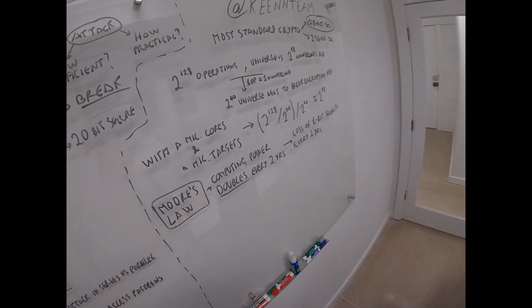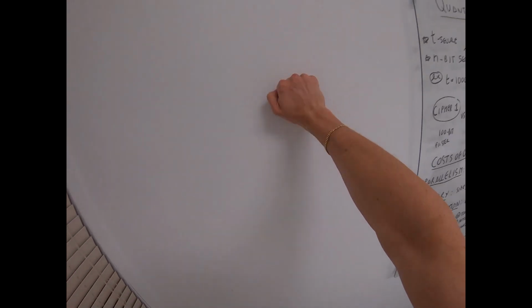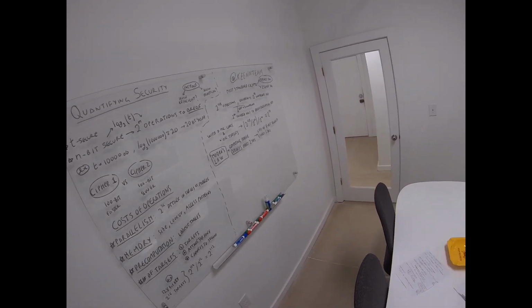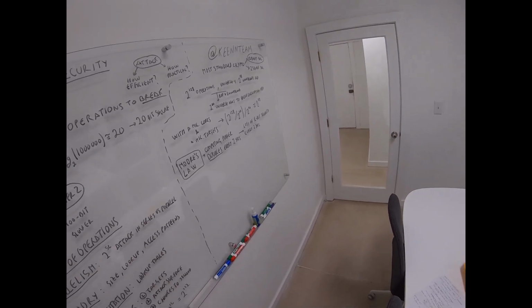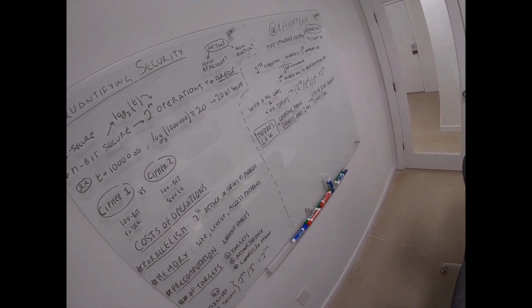The same budget that we have now, if it breaks a 40-bit secure encryption, means that in 2 years, with the same budget, we can break a 41-bit encryption.